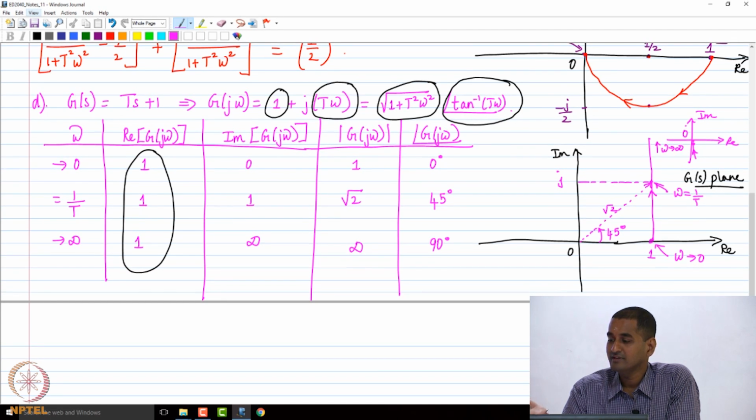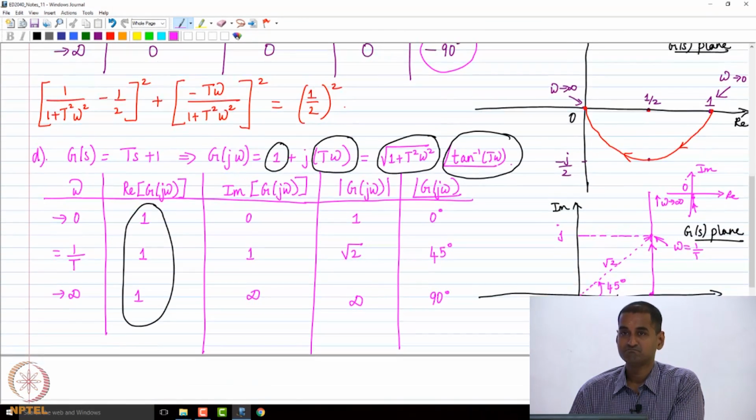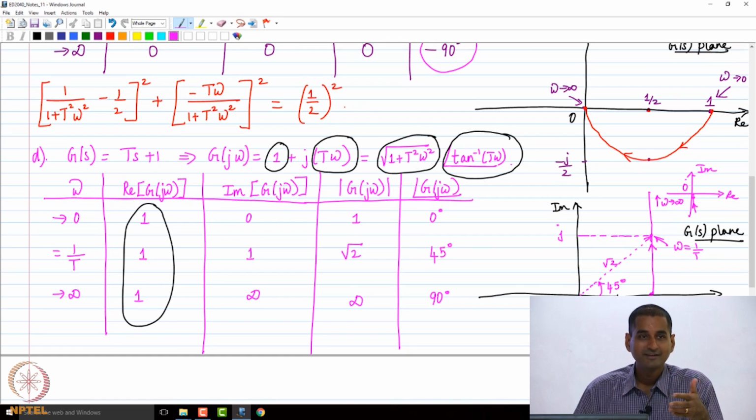Now you look at the Nyquist plot of the factor 1 by Ts plus 1 and Ts plus 1. Can you draw some conclusions like what we did in the Bode plot? No, right? One is a semicircle, another is a straight line. So now you understand why drawing a Nyquist plot is a different ball game, and sometimes it is a bit of a challenge.